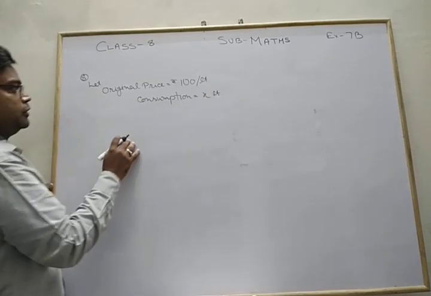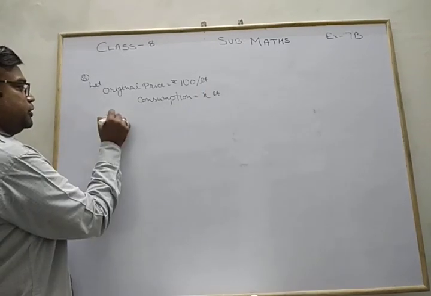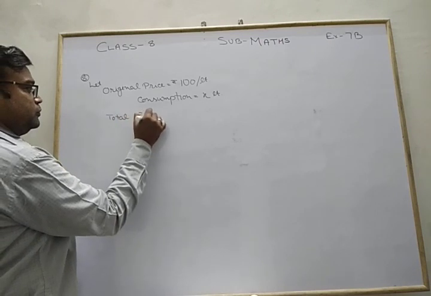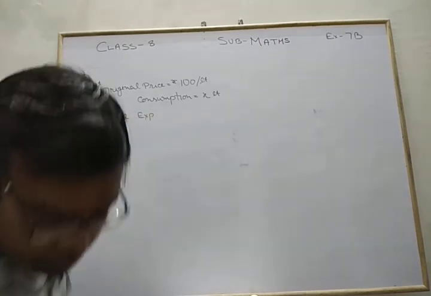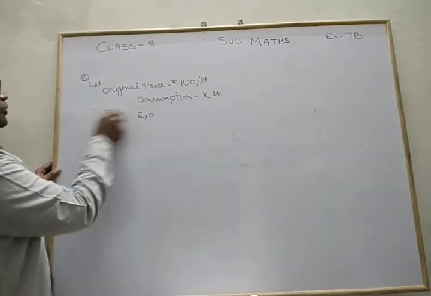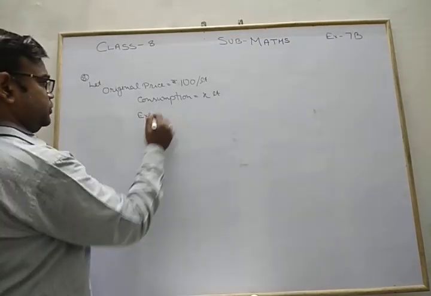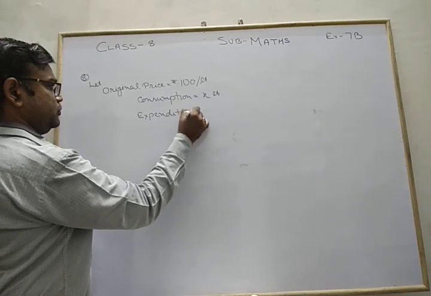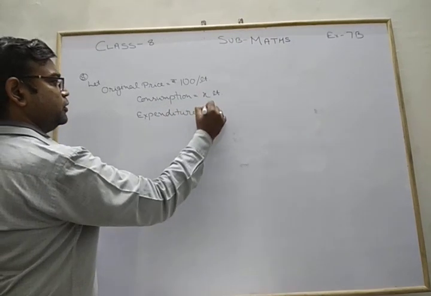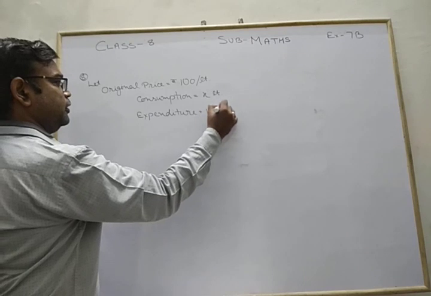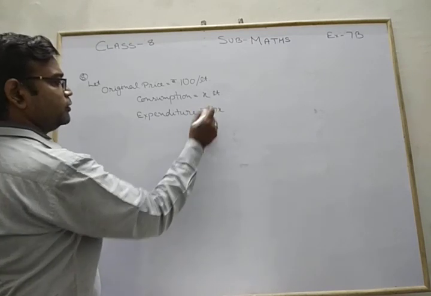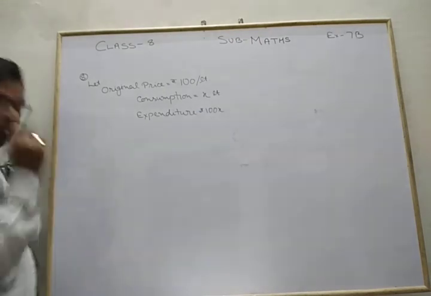All things are let. So the original total expenditure is this into this, 100x. It's rupees 100x.